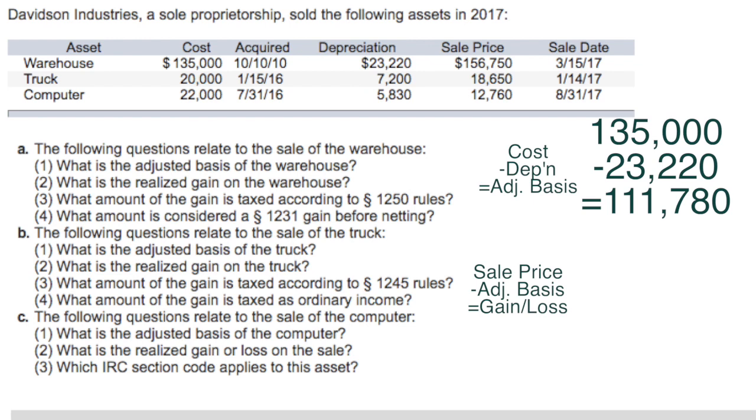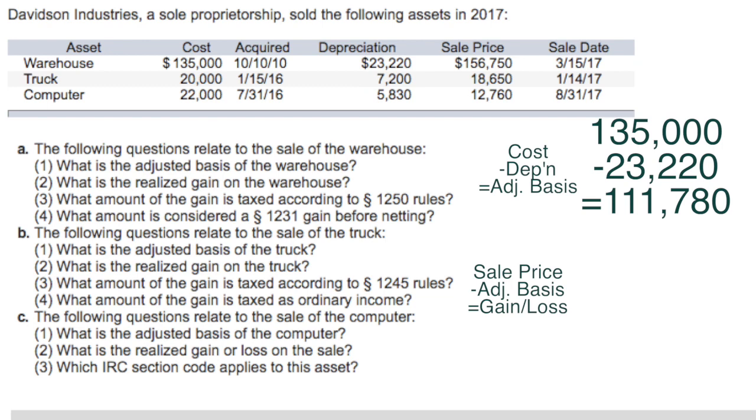So our next question for the warehouse is, what is the realized gain? Remember, realized gain is just the actual gain, sale price minus adjusted basis. And then recognized gain refers to the loss. However, our book really doesn't get into that, unfortunately.